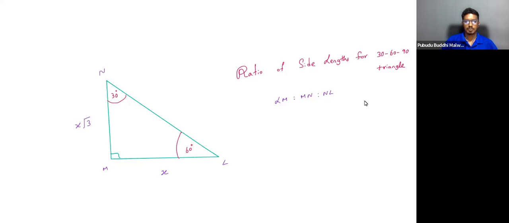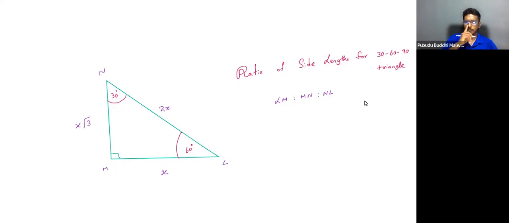And also LN equals 2x. If LM equals x, we can compute MN and NL. So those lengths, I just need that ratio.